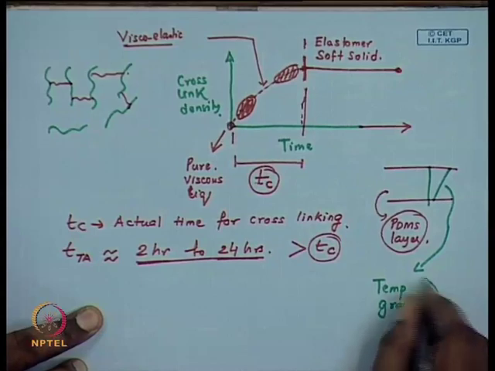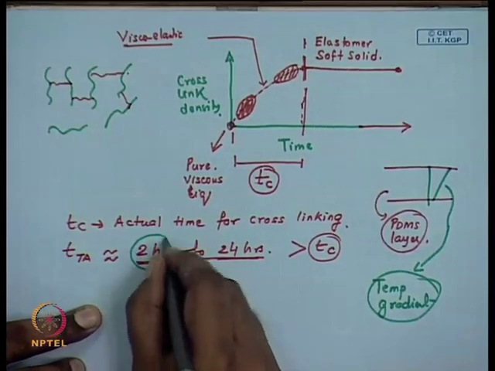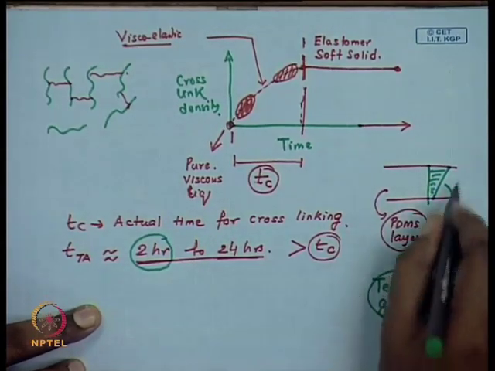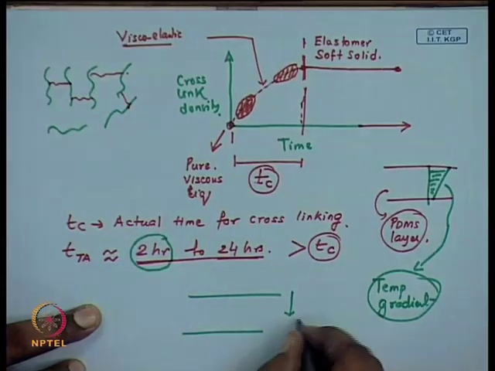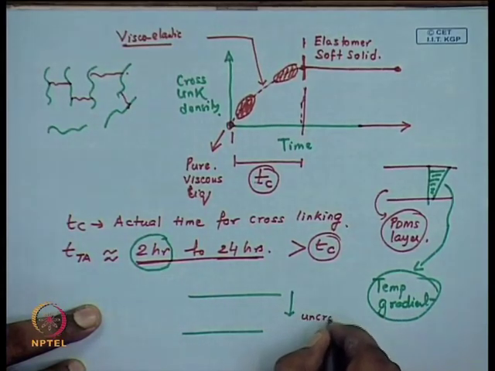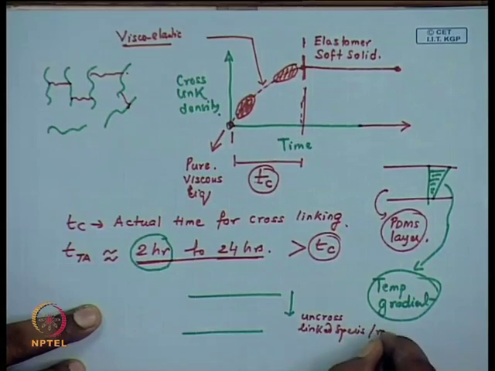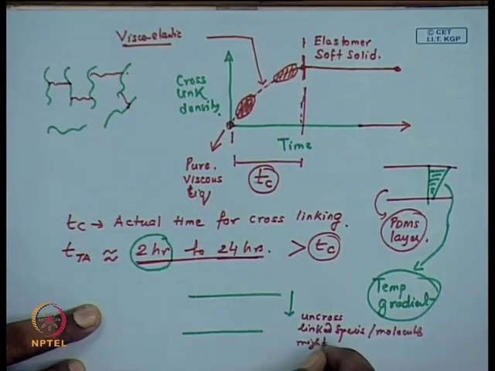If you do a low duration annealing, this temperature gradient might remain, and so along the depth there might be a significant number of uncross linked species or molecules present.